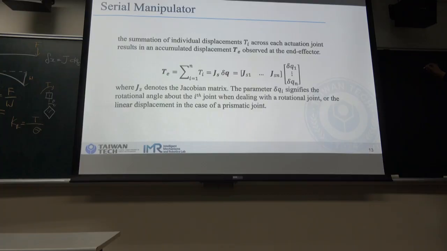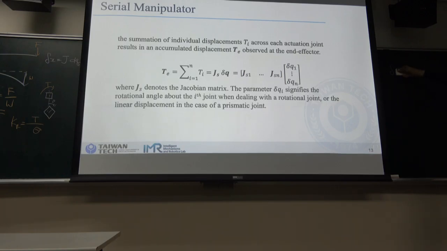We know that for each joint, the displacement of each joint is delta Qi. And if we multiply by the Jacobian, then it gives us the deformation of the end effector.